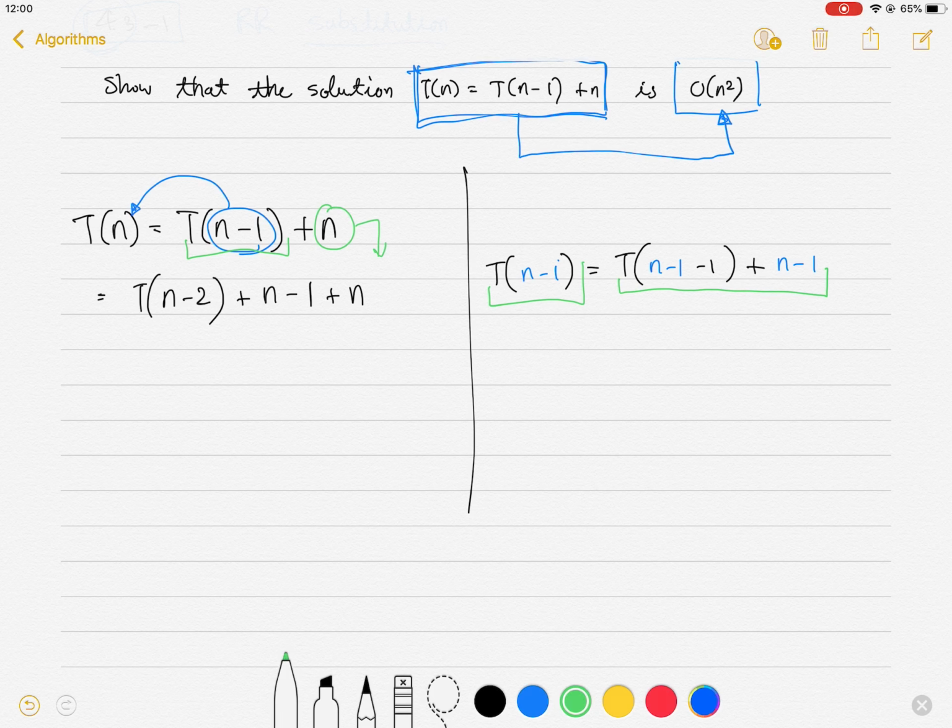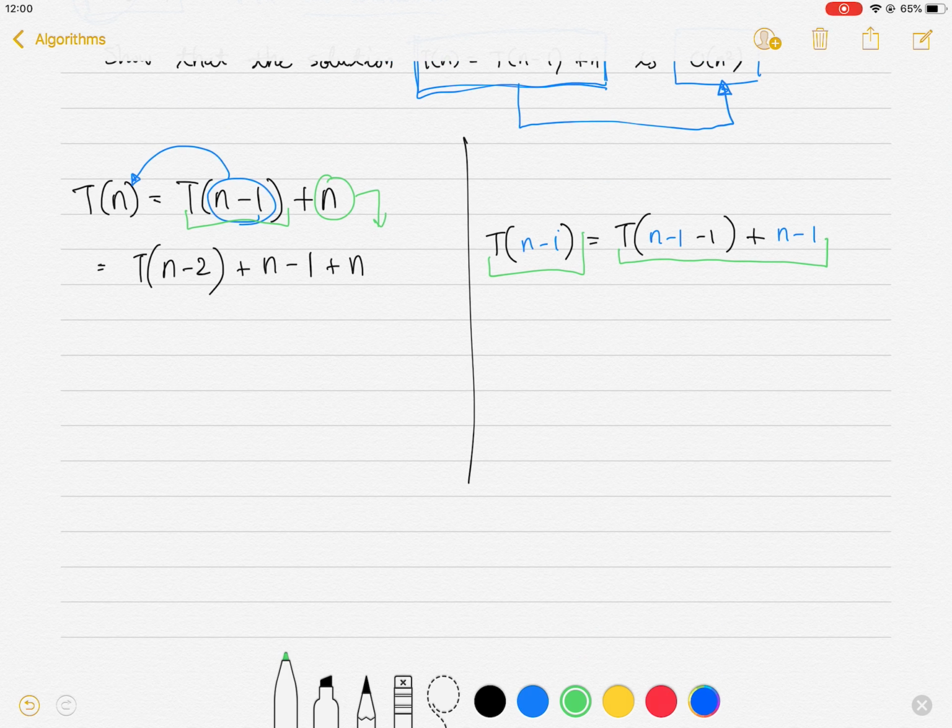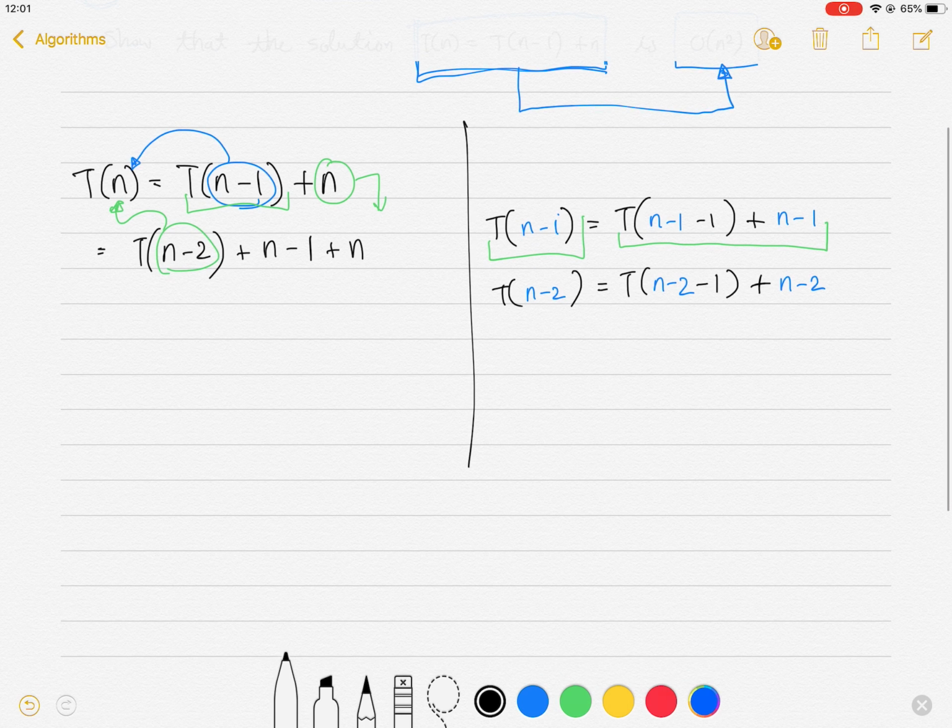Now we end up with another recursive function, and we just have to plug this into itself again. So what is t of n minus 2? Well, we plug in n minus 2 every time we see an n, so n minus 2 minus 1, and then n minus 2. And then we simplify that on the left-hand side.